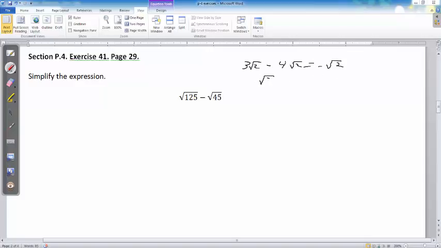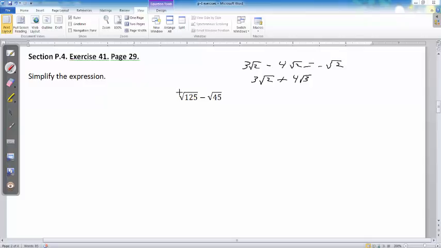But if they're different roots, 3 root 2 plus 4 root 3, no such luck. This is as exact a representation of this number as you can get, because these roots are infinite non-repeating decimals. I can't write a more exact form. If they wanted an approximation, like if the problem told you to round off, sure, I could add these in the calculator and get an approximation. But this is the only way to express this exact number.